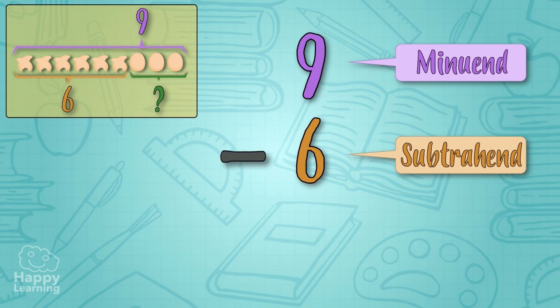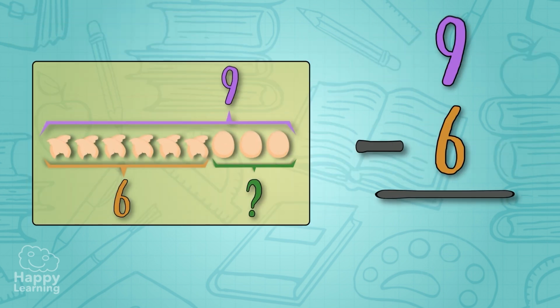After this, we place the minus sign on the left side of the subtrahend and we draw a horizontal line under the subtraction's numbers. Now, we can do the subtraction. If out of 9 eggs, we use 6, we've got 1, 2, and 3 eggs.